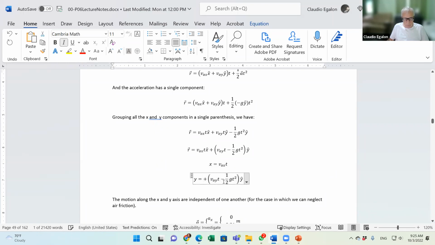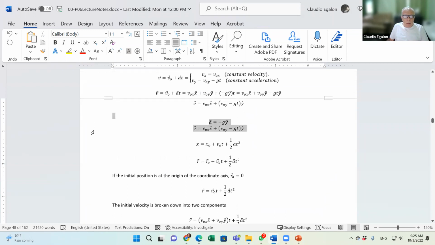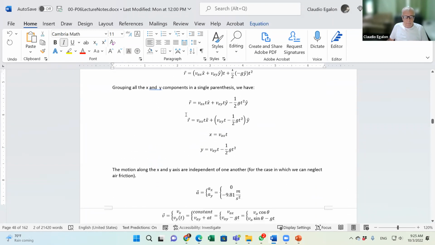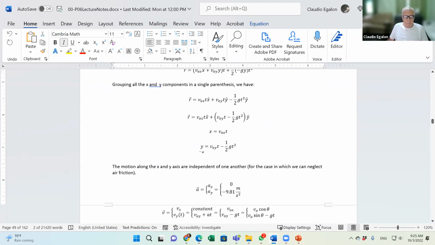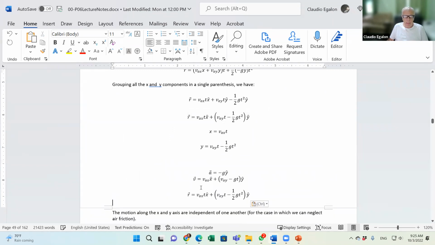X and y position. Okay, so now we have those equations of motion. Summarizing, that's the equation of motion that we end up having.